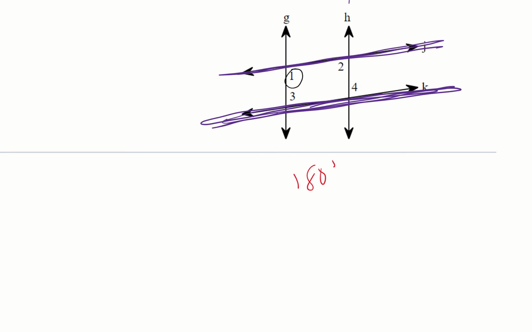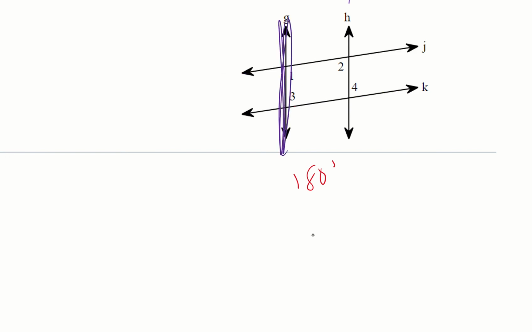Sorry, that's not actually true. I was looking at the image kind of wrong, so let me do this right here. We're still using the vertical lines, apologize for that, but this is going to be my transversal. And so angle 3 is congruent to angle 4. That is actually true. Those are corresponding angles and those are congruent.